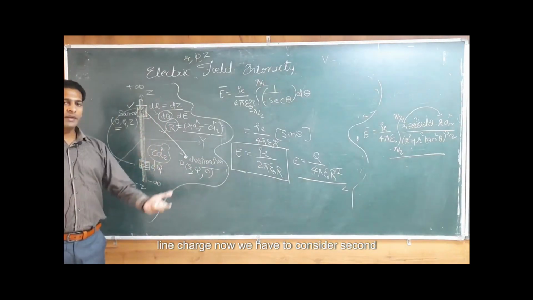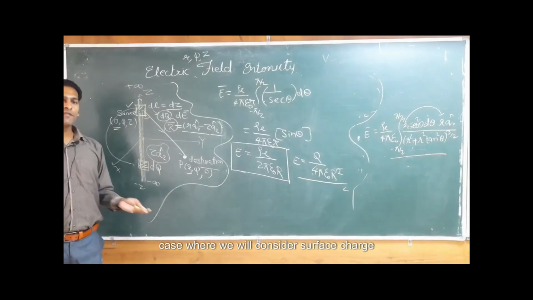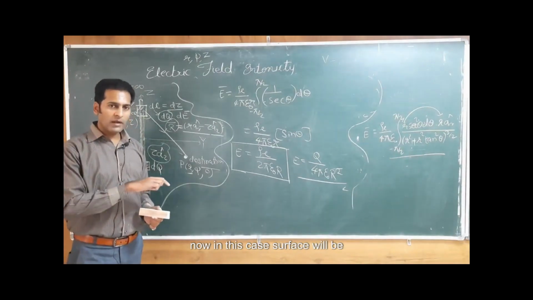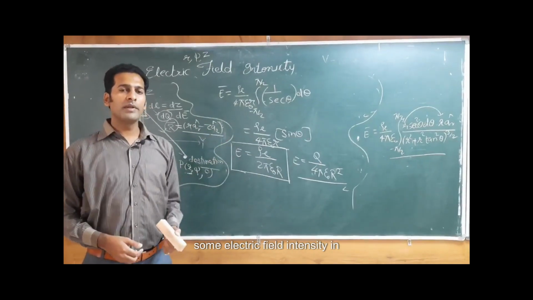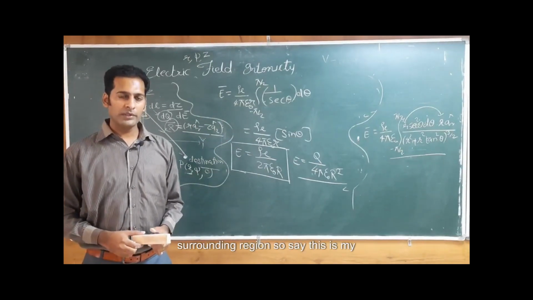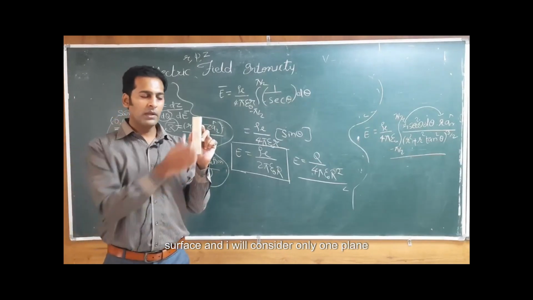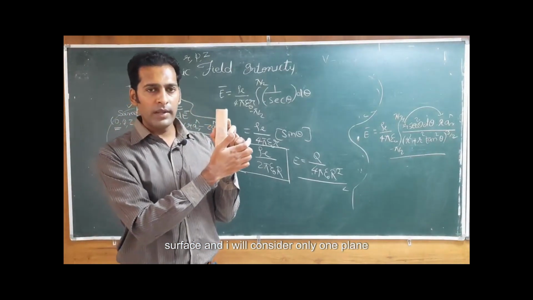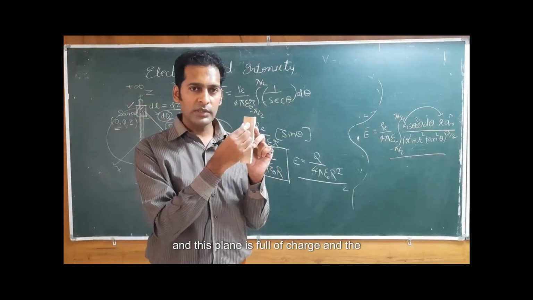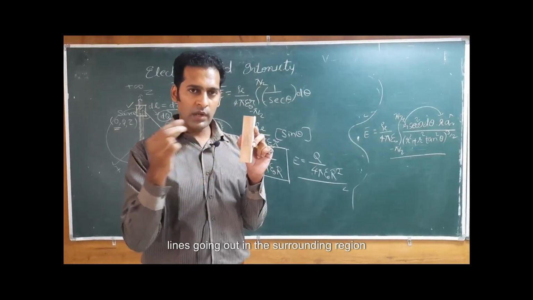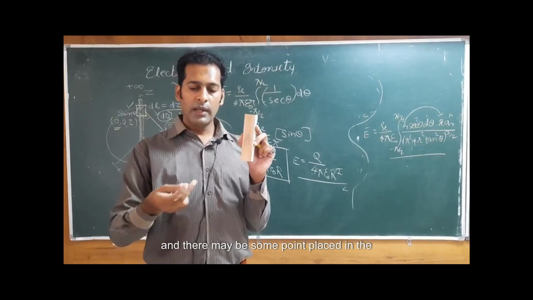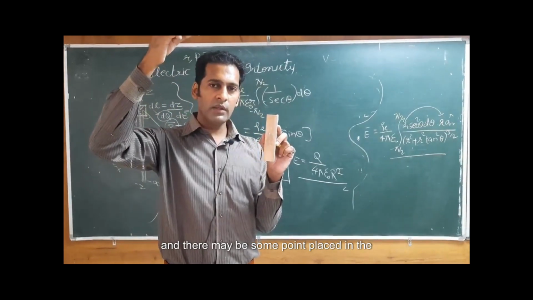Now we have to consider the second case, where we will consider surface charge. In this case the surface will be distributed and that surface will apply some electric field intensity in the surrounding region. So say this is my surface and I will consider only one plane, and this plane is full of charge, and the charges placed on that will have some force lines going out in the surrounding region, and there may be some point placed in the space.